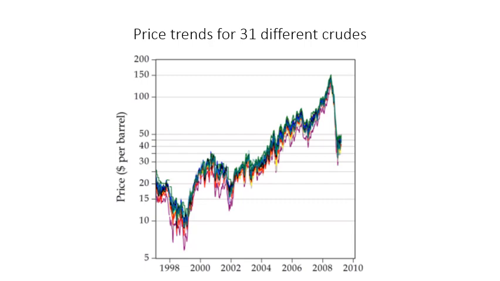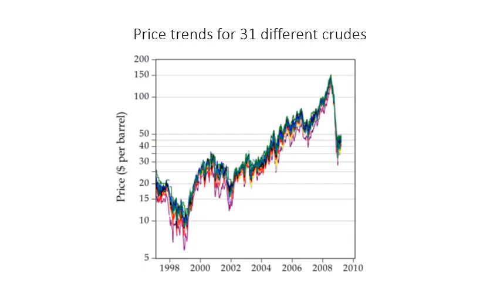So here's 31 different crude oil price trends from all over the world, plotted against each other. We can see that there's differences in the prices. Maybe green is a little higher than purple on average, but that's probably due to the fact that green's maybe a better quality oil, a lighter oil than purple. Purple might be a heavy oil.